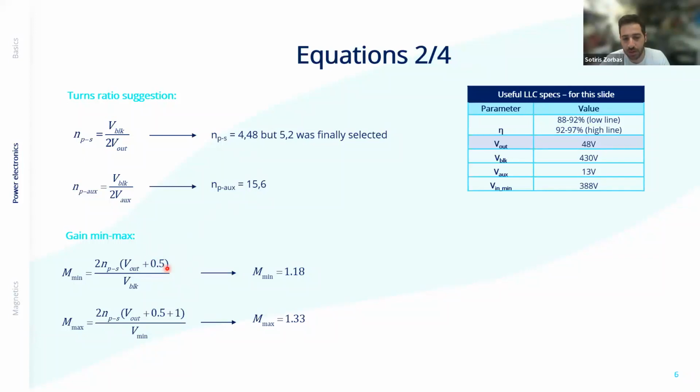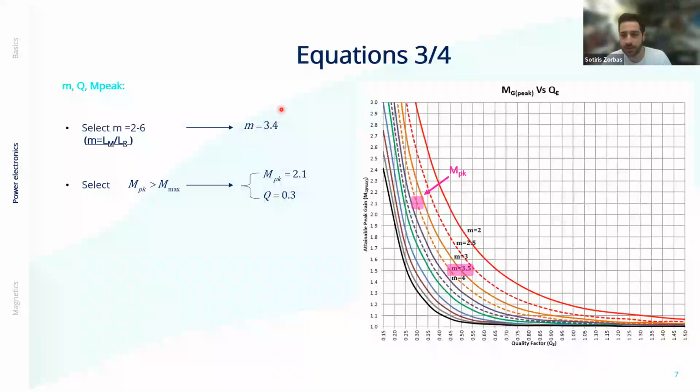We are assuming half a volt drop in the output diodes for the half bridge LLC and a volt drop at the MOSFETs here. So just for some extra accuracy, you can ignore these as well. It's not going to change much. So the minimum gain that we need is 1.18 and 1.33 is the maximum gain. And here is a better place to take a look at what's happening.